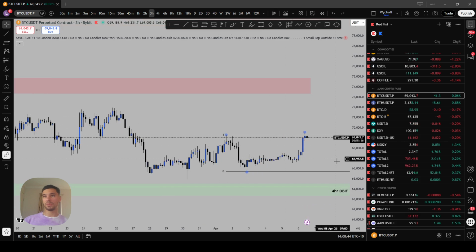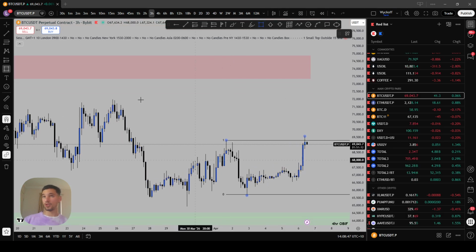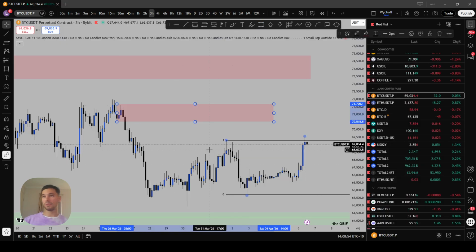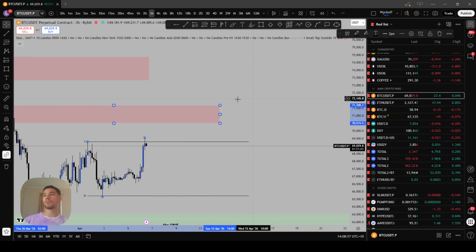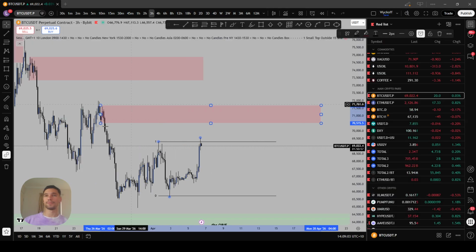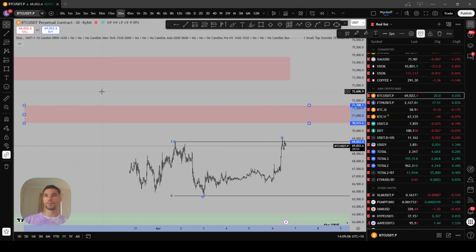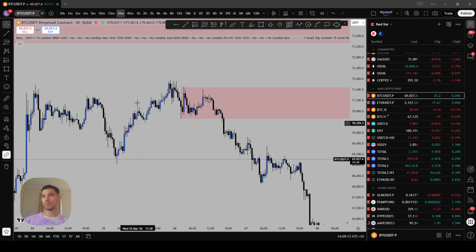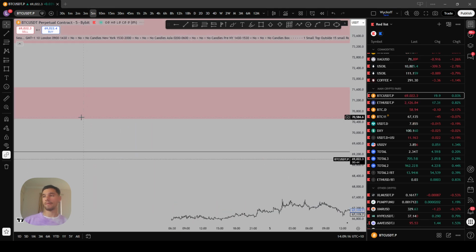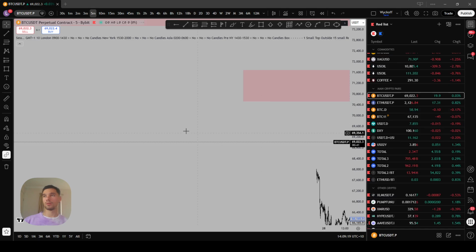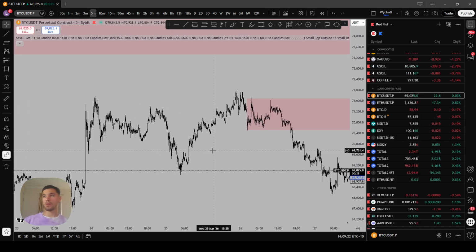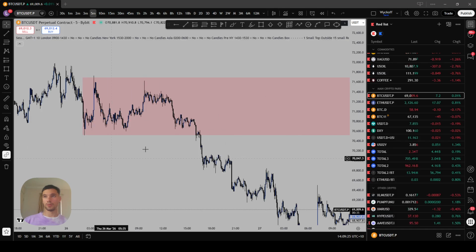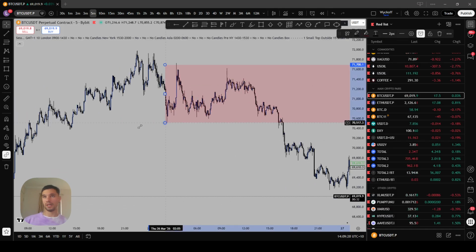In terms of supply up here, so far it's valid, but we'll see what it looks like on the lower time frame. That's been mitigated, but I think this may not have.